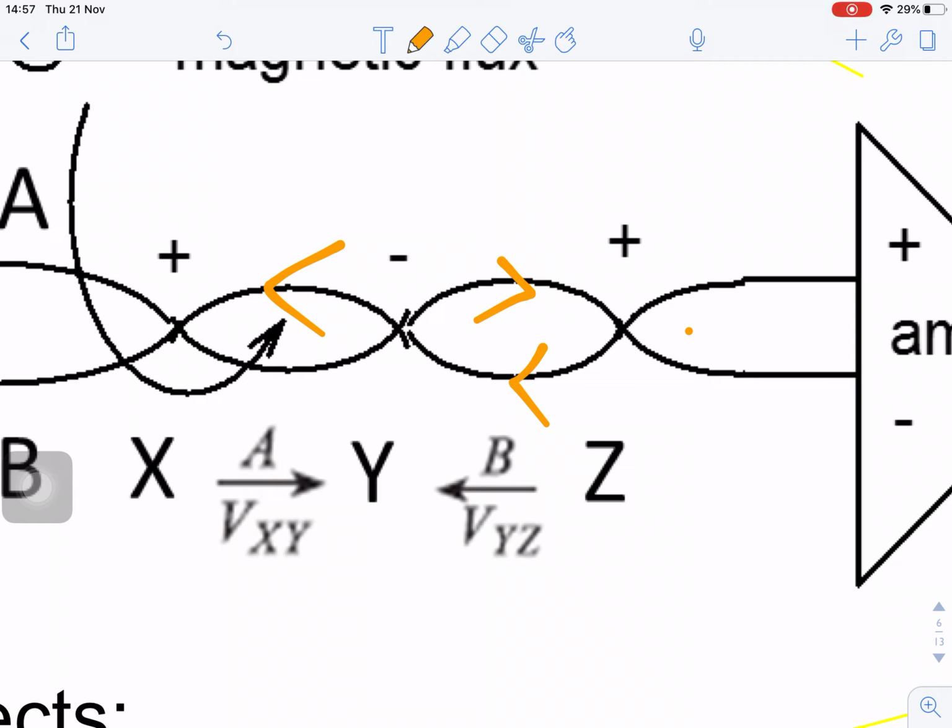And on the right-hand side, this one will give you this, and this one will give you this. Right. This is correct.